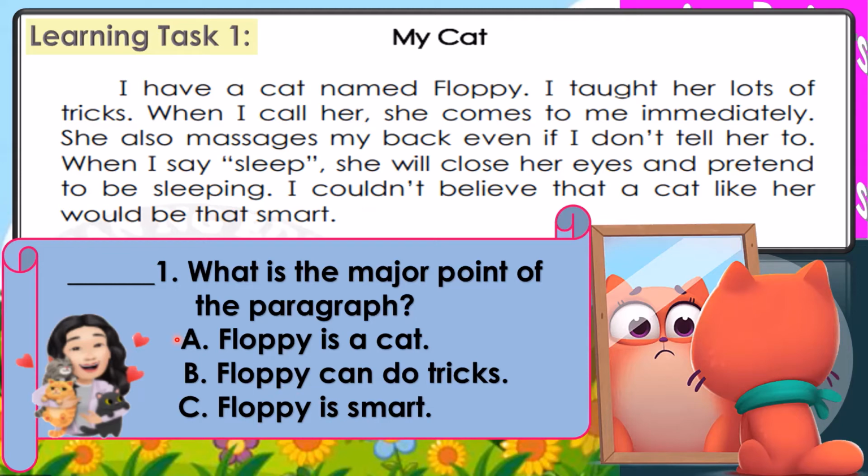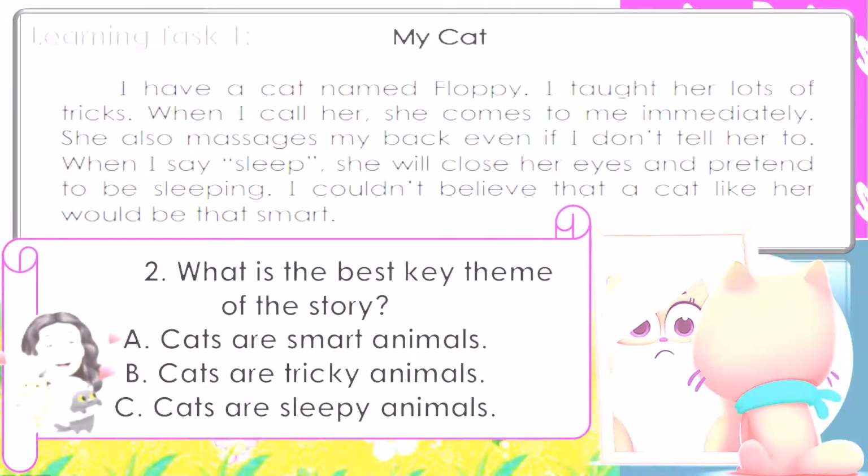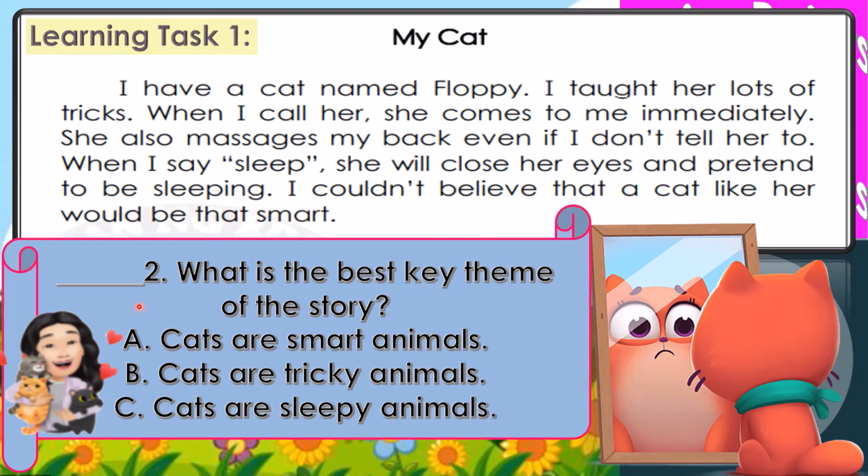And to check if you answered the questions correctly, the key to corrections will be revealed after these video lessons. Question number 2. What is the best key theme of the story? A. Cats are smart animals. B. Cats are tricky animals. And C. Cats are sleepy animals.